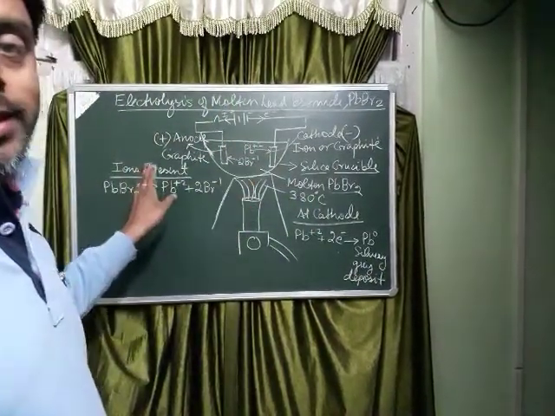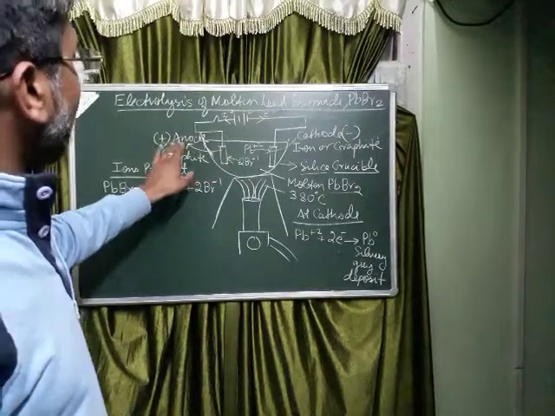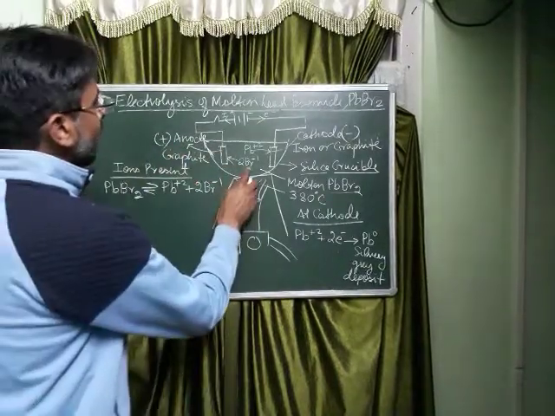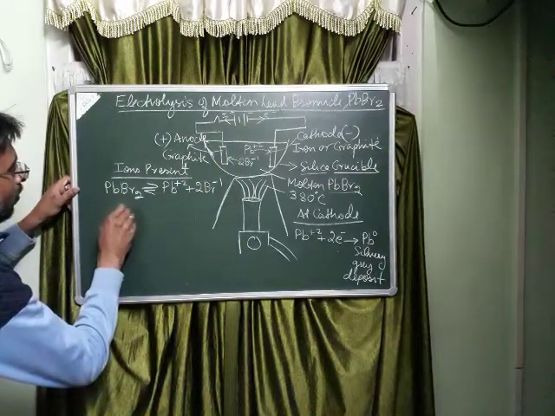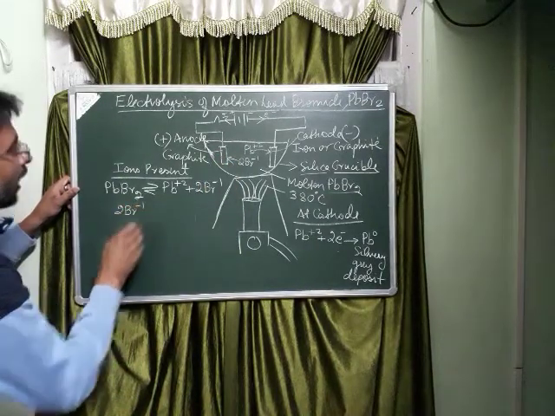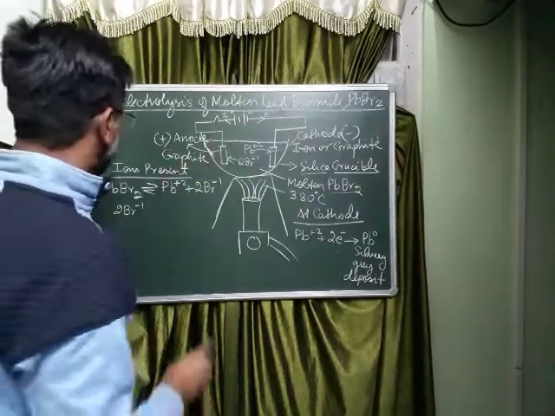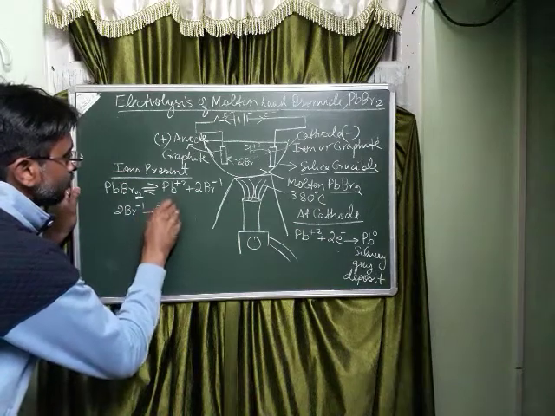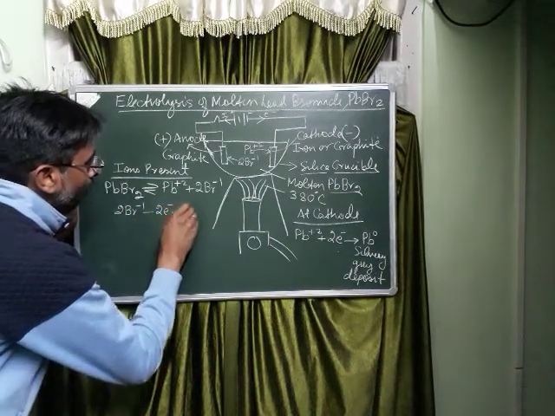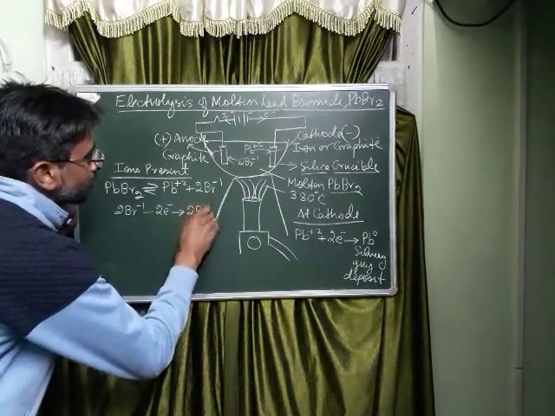On the other side, at the anode, 2 bromide ions come to the anode. They lose altogether 2 electrons and form 2 bromine atoms.